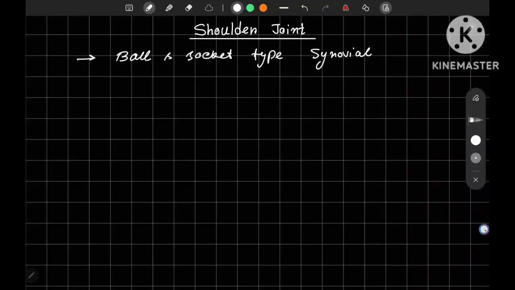You have to write in this manner. First, the introduction part: ball and socket type of synovial joint, weak joint. Why is it a weak joint? You have to mention that it is because of the small, shallow glenoid cavity. So the humerus cannot fit into it, so it can dislocate.